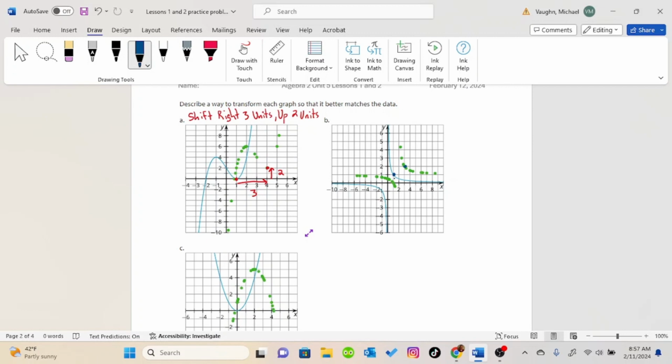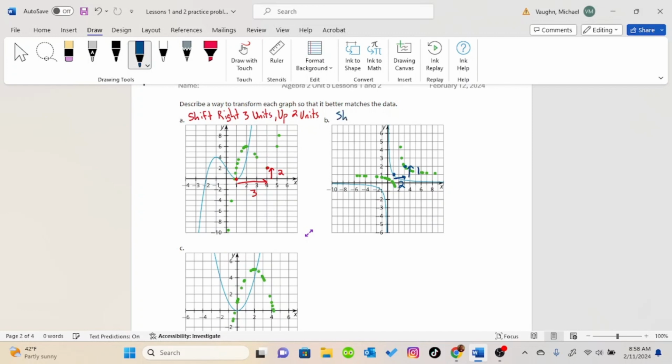So first, we're going to shift to the right. We're going to shift from 1 to 3, so that's 2 units. Then we're going to shift up. We're going to shift up from 1 to 2, so that's 1 unit.